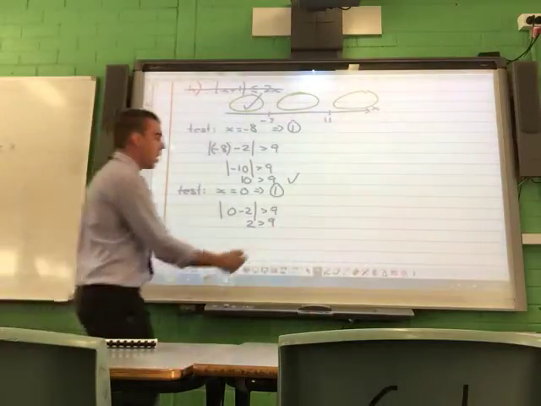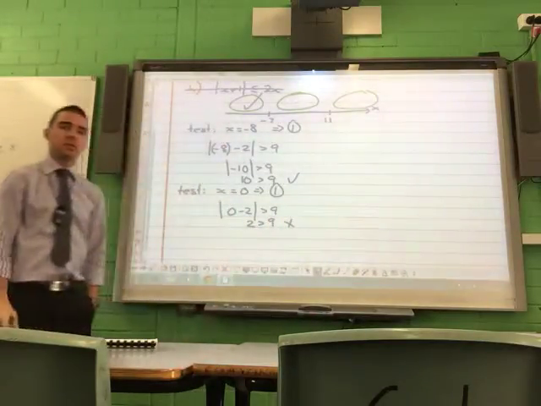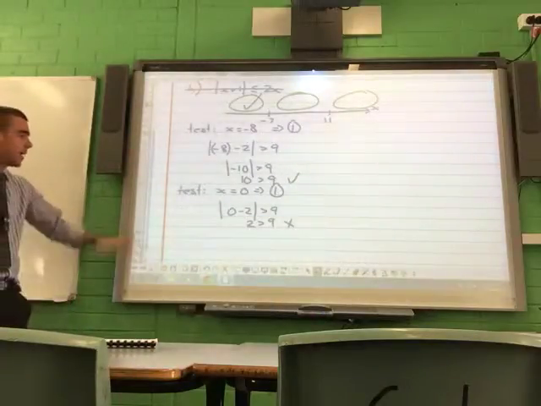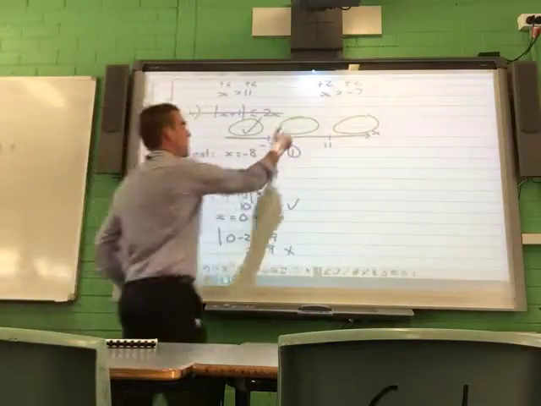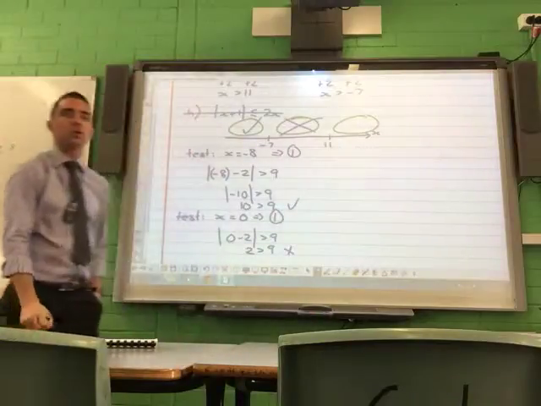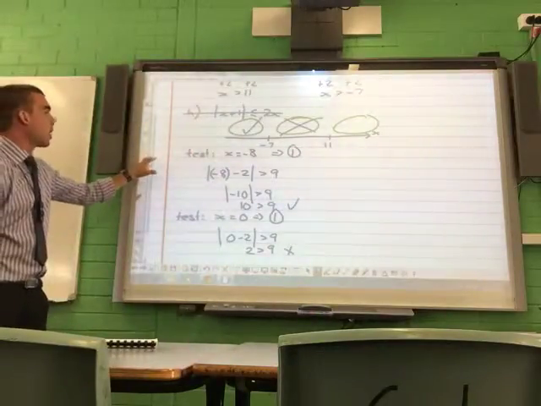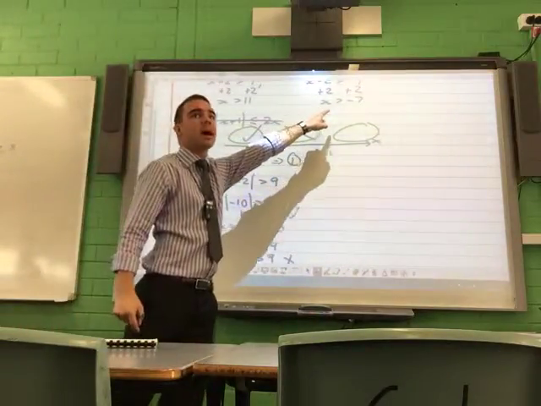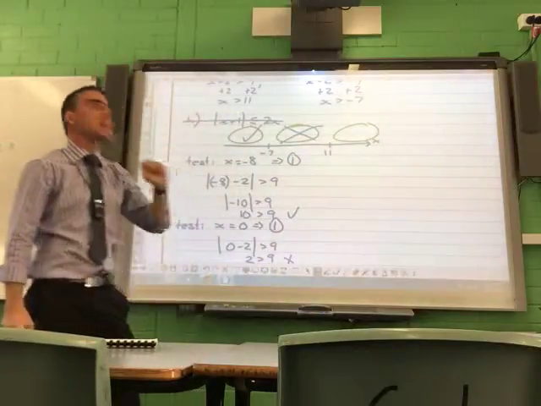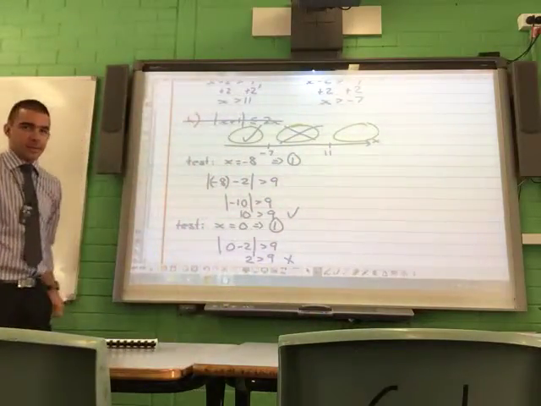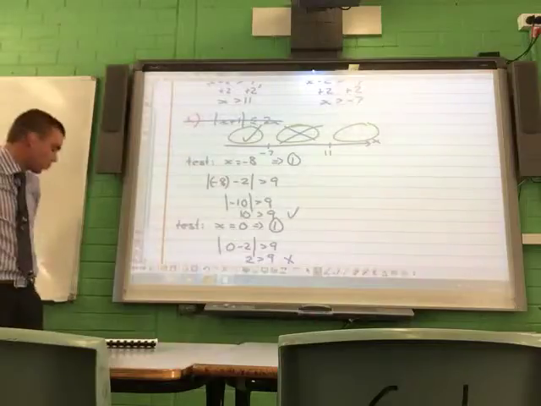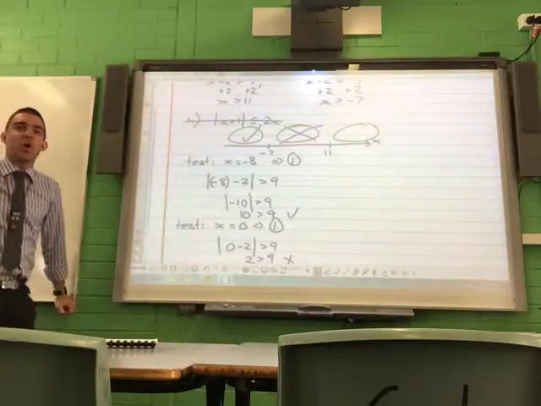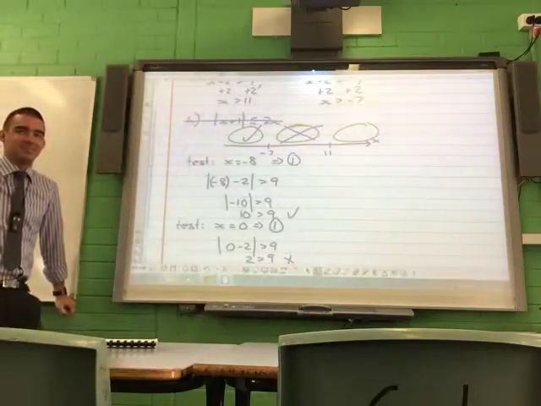No. So this is an example where the solutions won't work. That means in this region, no point between those two will work. Even though I said over here with the math that any solution greater than -7 will work, it won't. So that is why you need to check it.